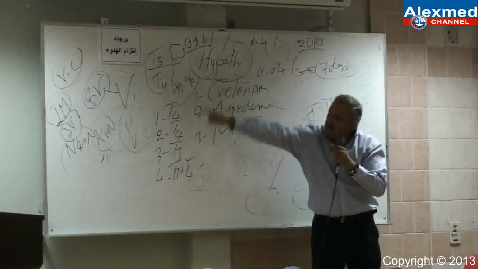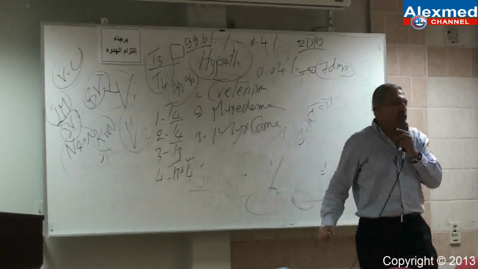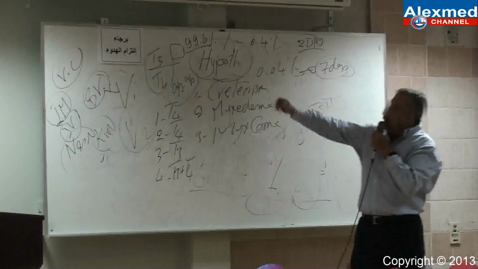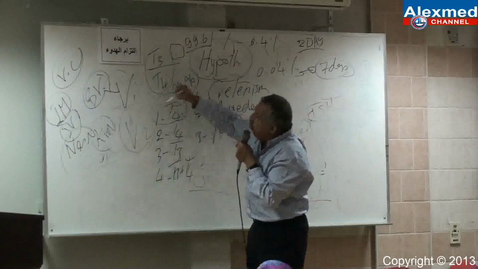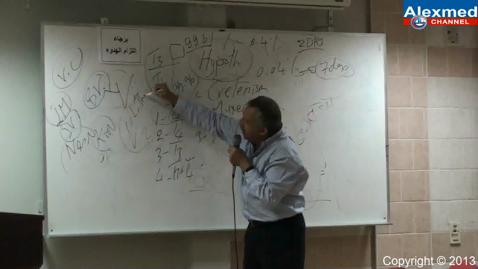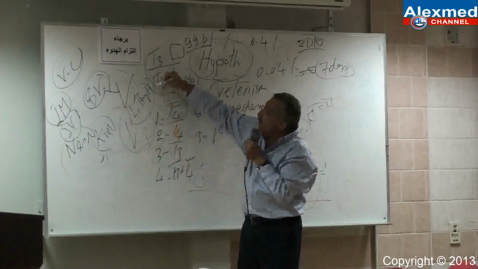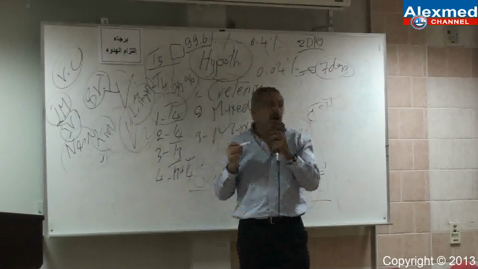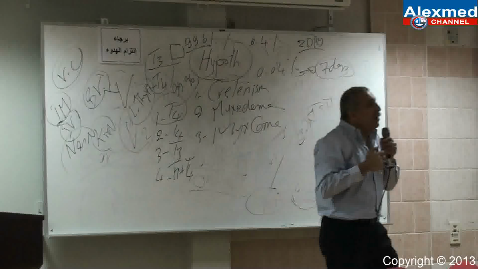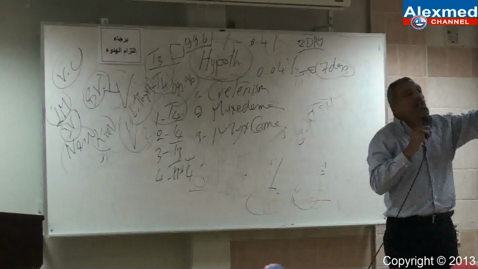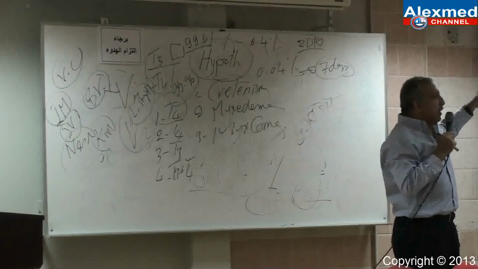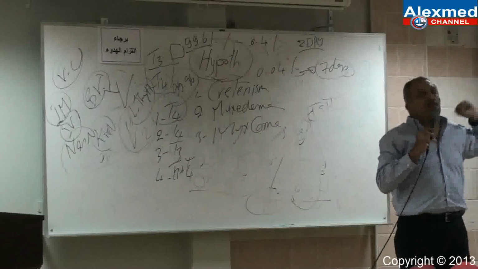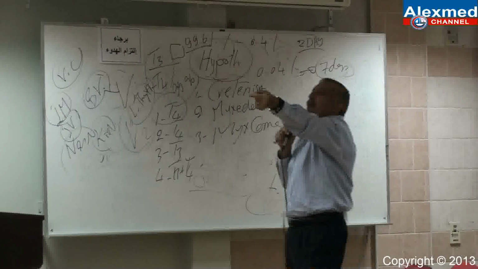So we have 4 preparations for thyroid. The first is T4. It's called L-thyroxine tablet. L stands for what? Levothyroxine. Levothyroxine is given as a tablet.